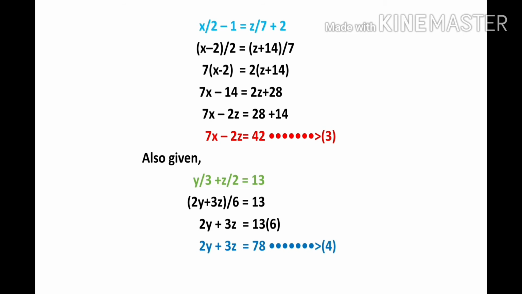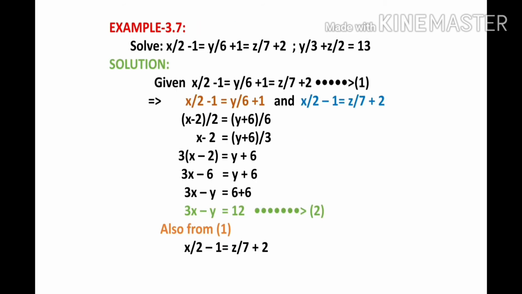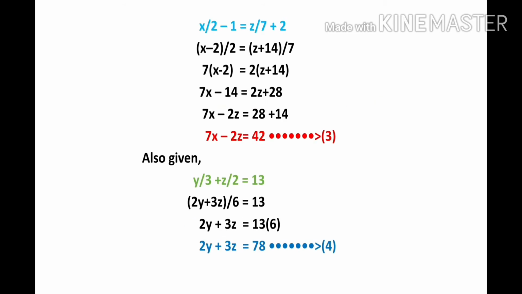Then I transform minus 14 here, what happens? Negative becomes positive. Simplify this, what do you get? 7x minus 2z is equal to 28 plus 14 is 42. It will be equation 3. We get equation 7x minus 2z equal to 42. We get equation 3.